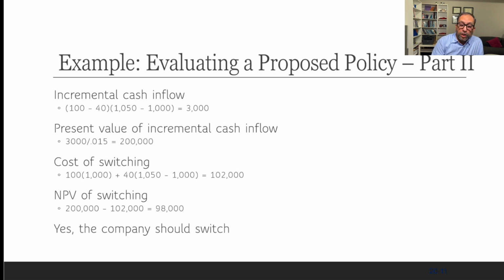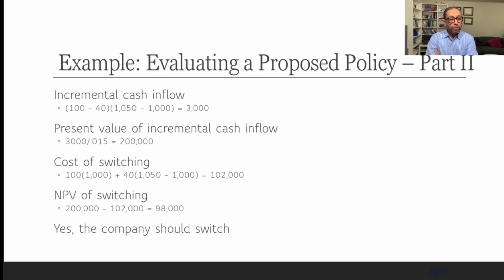And how much is the change? 50 is the number of additional units we are selling, 1050 minus 1000. And 60 is the incremental cash per unit, so the incremental cash we are getting is 3000. The cost is 40 and the revenue is 100, so the net increase is 60 multiplied by the 50 additional units.